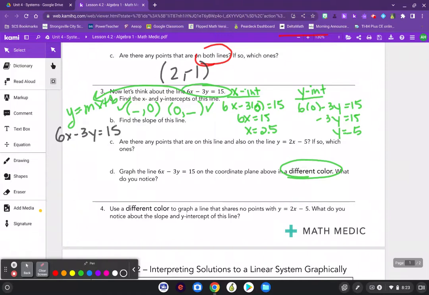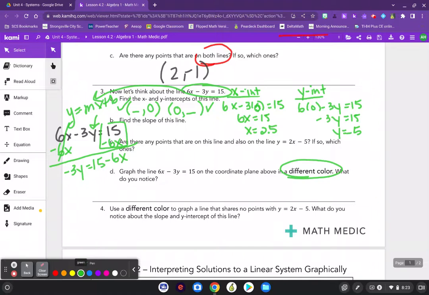If I have this equation, 6x minus 3y equals 15, I want to get this y by itself. So to get that y by itself, I would have to get rid of the 6x. I'm going to subtract 6x on both sides. When I do that, 6x minus 6x is 0. We just have to be careful because these are not like terms. So I'm going to write 15 minus 6x.